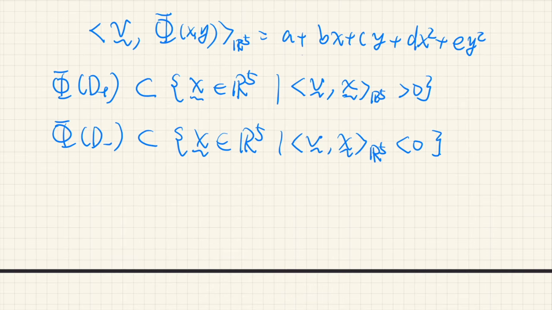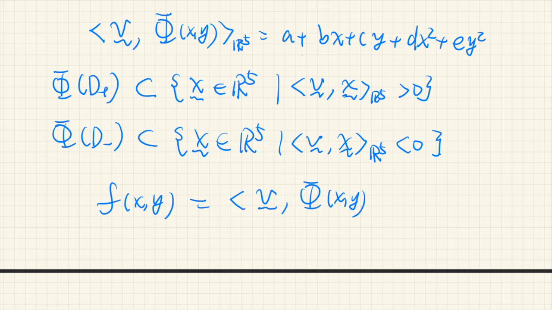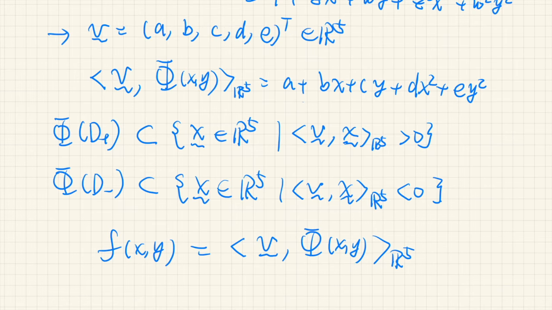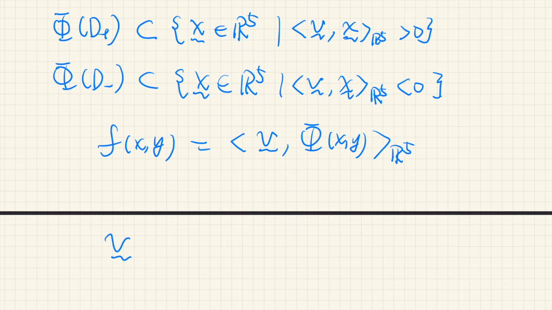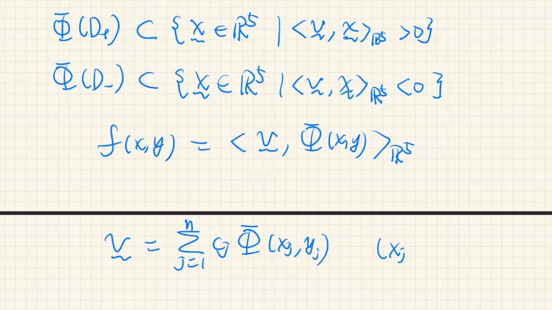So we can write the classifier f of x, y as the inner product between v and phi of x, y in the five-dimensional space. Later, we will see such v can be expressed as a linear combination cj of phi of xj, yj, where each xj, yj is an element of the dataset.